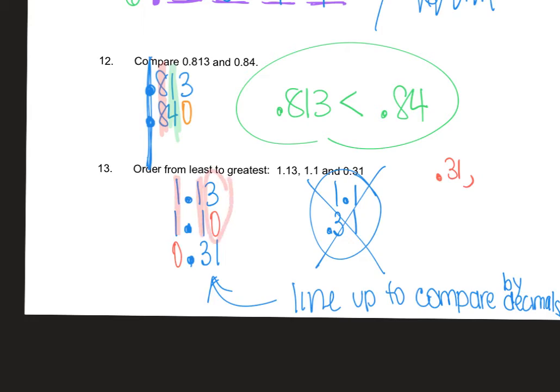It really came down to these. So those are very, very close numbers in terms of how big they are. So 1.1 and 1.13. Notice how when I write my answers, I write them how they were given to me. I don't write them with any extra zeros. I don't write them with any placeholders. I don't change the form at all. If they give it to you as a decimal, you want to give it back to them as a decimal. The only thing we can really drop and not worry about is, again, that 0 out in front. We're allowed to drop that.